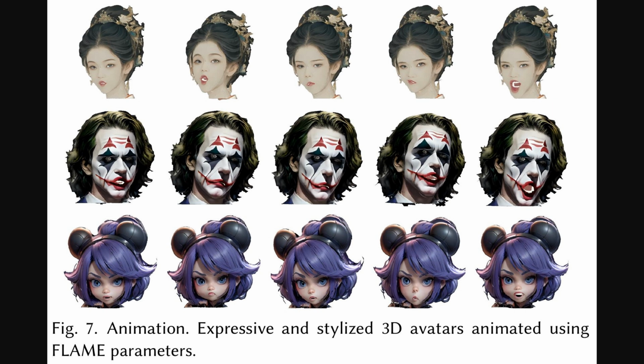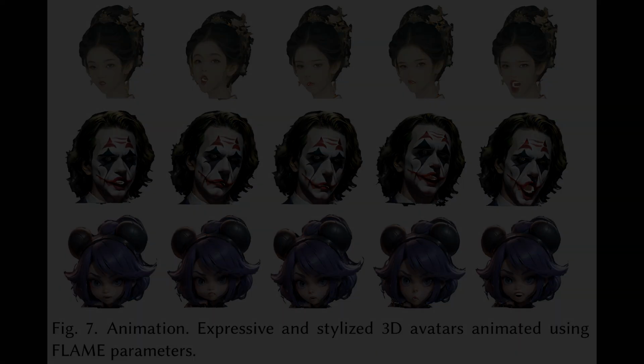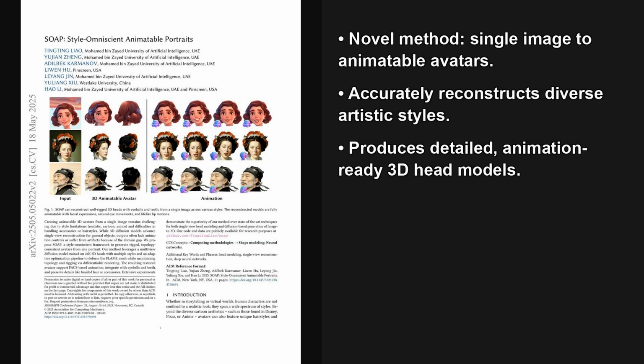FLAME, which stands for faces learned with articulated models and expressions, is a parametric 3D head model that allows for detailed control over facial shape and expression. And you can see here how SOAP generates these diverse facial expressions, from subtle shifts to more pronounced ones, across very different artistic styles.